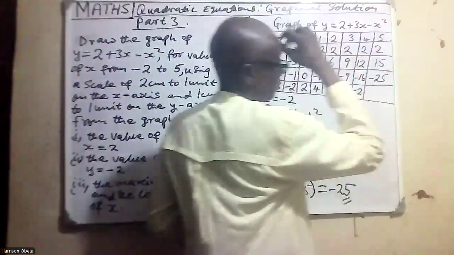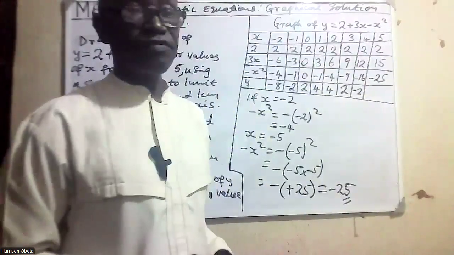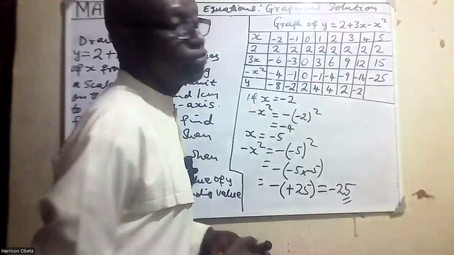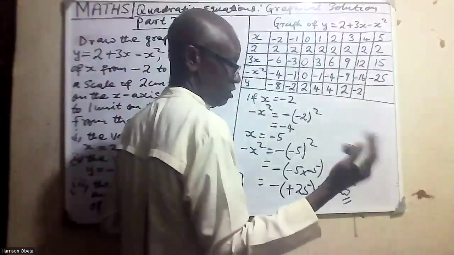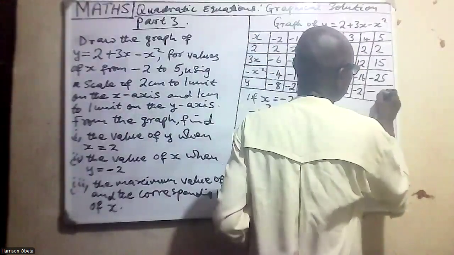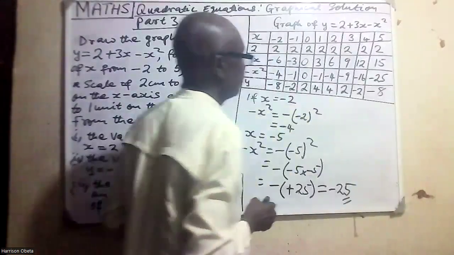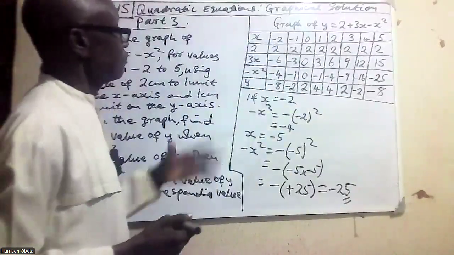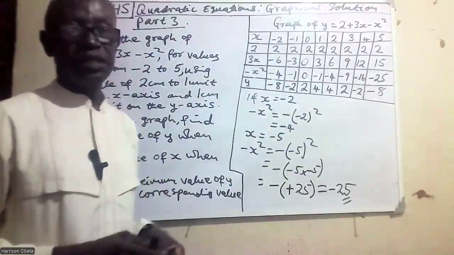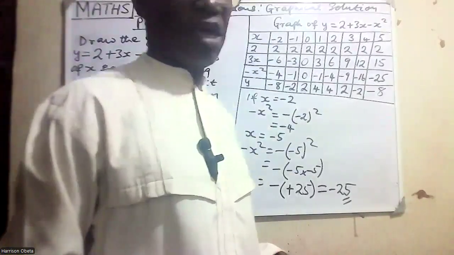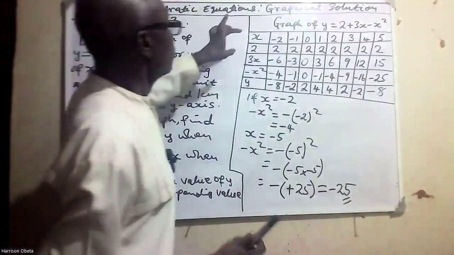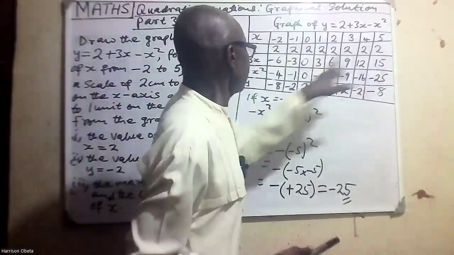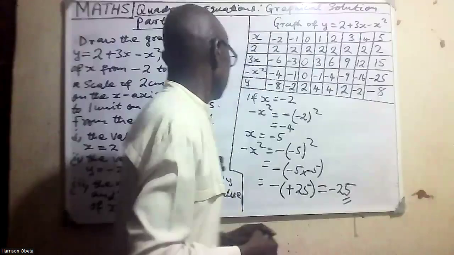Then this is 17. 2 plus 15 is 17. Remove that from 25, the answer will be negative. So that will give us minus 8. So you have seen how I form the table of values. So we are going to plot x against y.